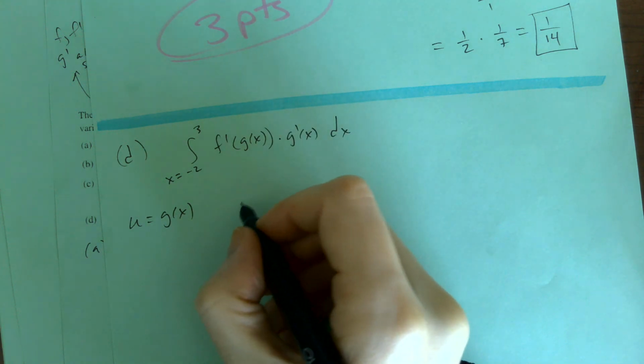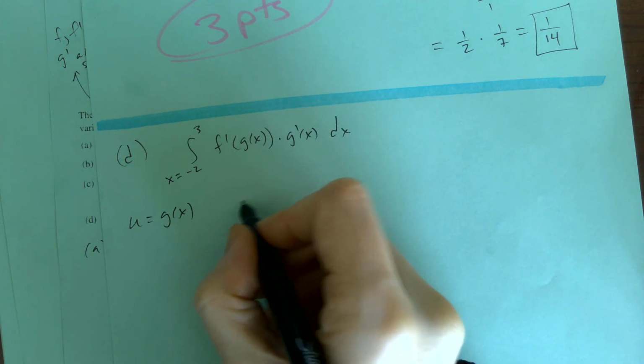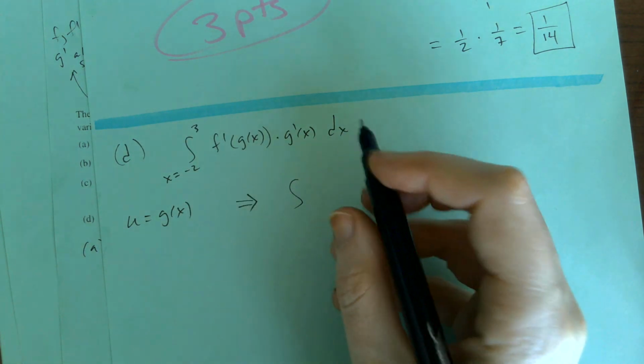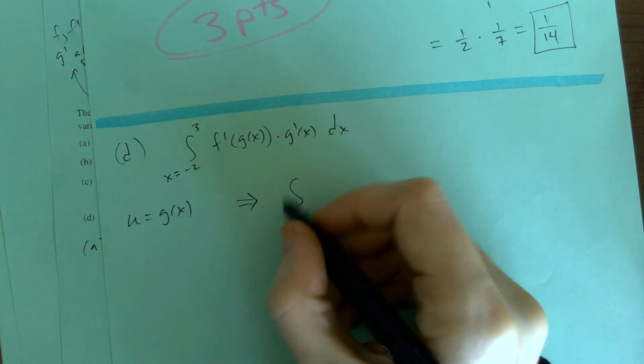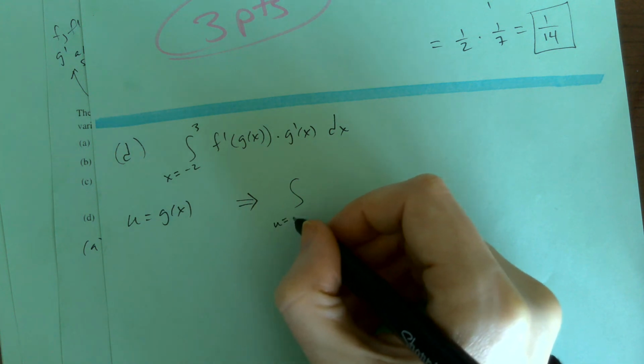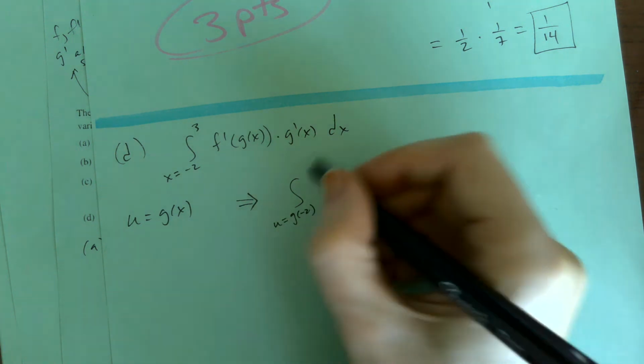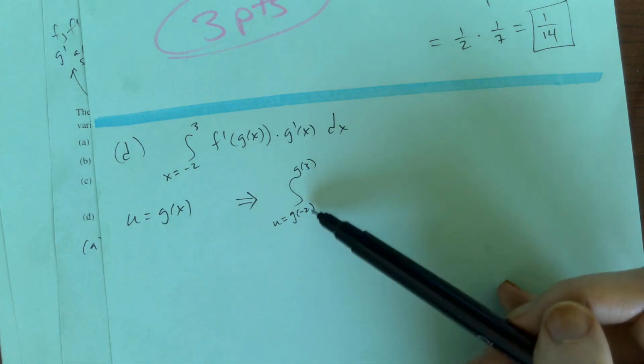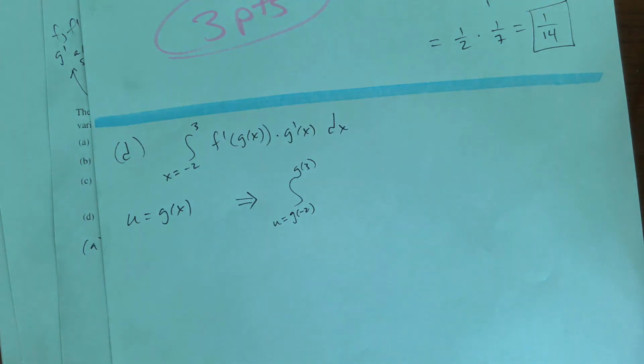Okay, so u is equal to g of x, then u is going to be g of -2 to g of 3. All right, so I'm going to have to be doing that there.